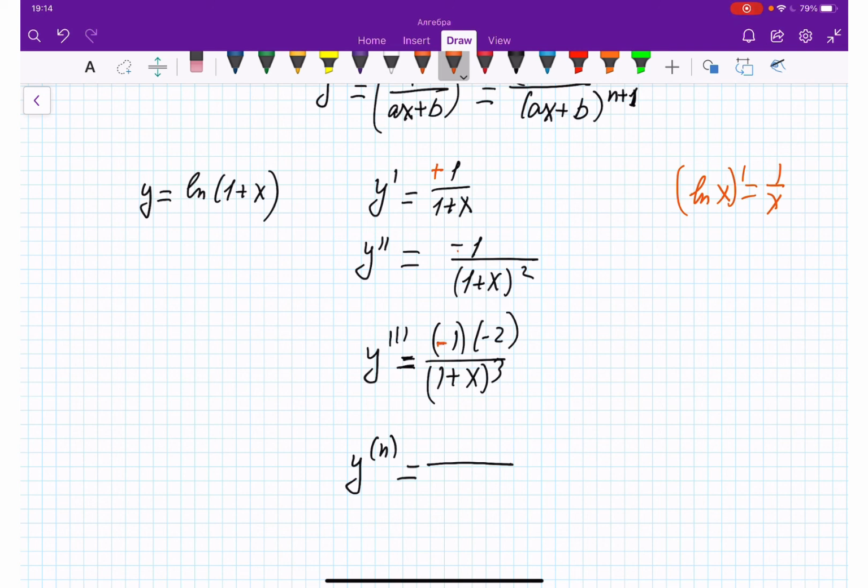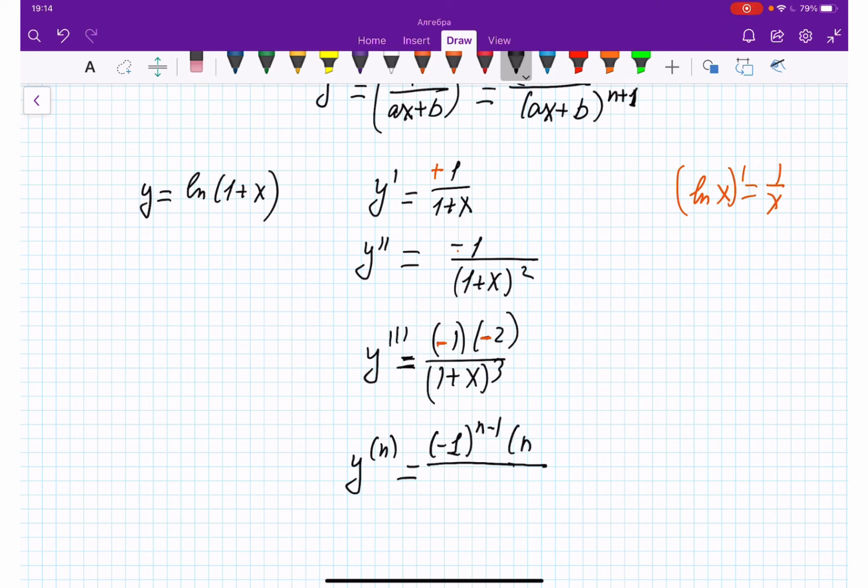For the second order derivative, you have 2 minuses, which is going to be plus again, right? So it's switching plus, minus, plus, minus. Therefore, to get plus and minus, plus and minus, we're going to put negative 1 to the power n minus 1. So when n is odd, n minus 1 is even, right? You will get plus. And when n is even, n minus 1 is odd, and you will keep this negative sign.